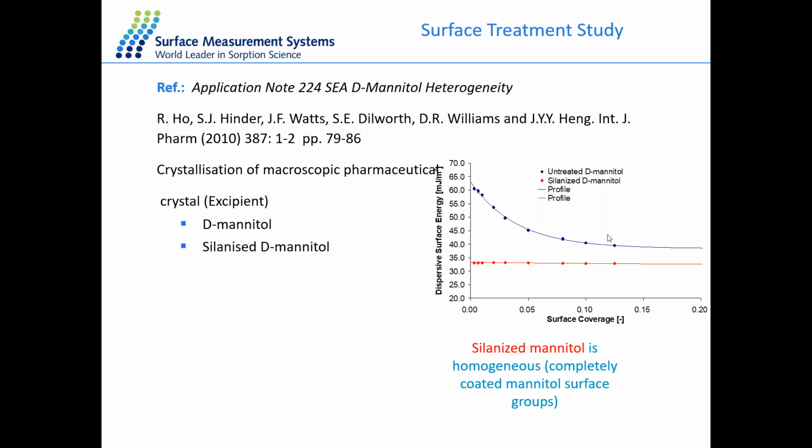What that's telling us is that, especially in this region, when we inject these probes, we are accessing areas of the D-mannitol which contribute to heterogeneity. This section here is quite interesting because we are injecting at infinite dilution, we can understand the heterogeneity of our sample, and the more curved our profile, the more heterogeneous the surface of our sample.